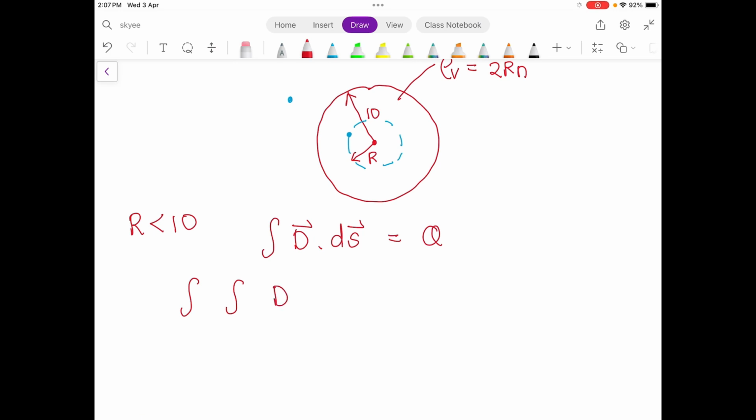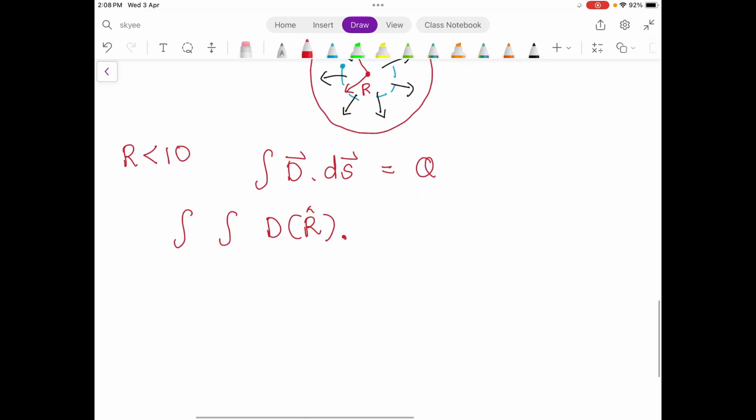Our D will be in the R direction. The flux coming out from the Gaussian surface is D dot product with R squared sine theta d theta d phi and R.